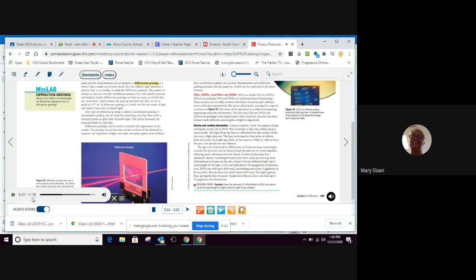Which means the space between the slits, meters. Objects that... what type of diffraction always exists.